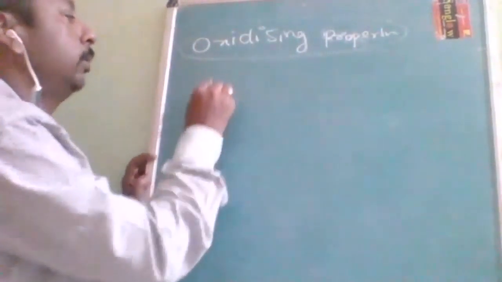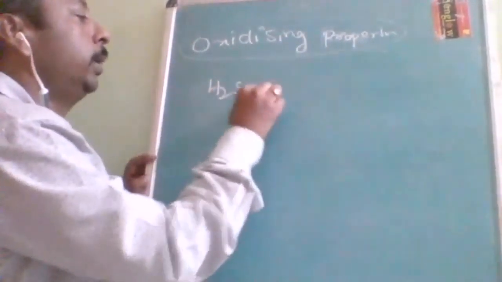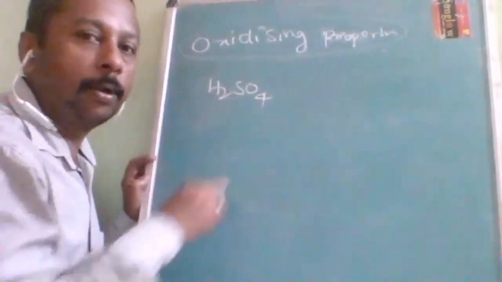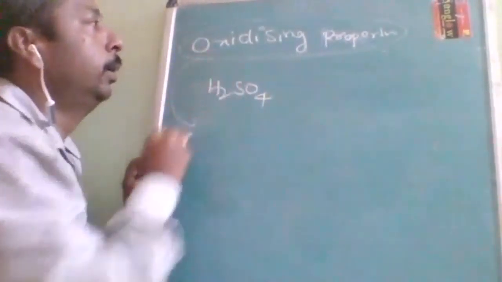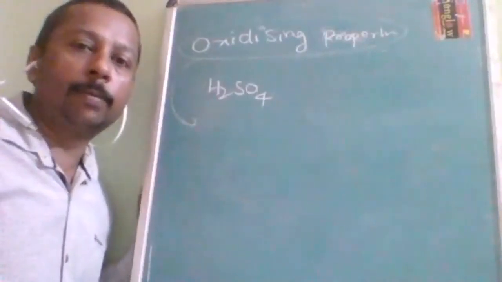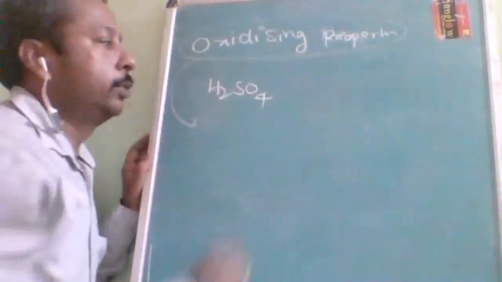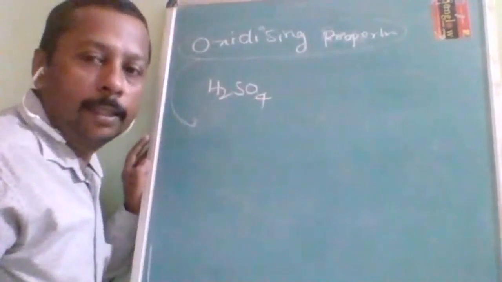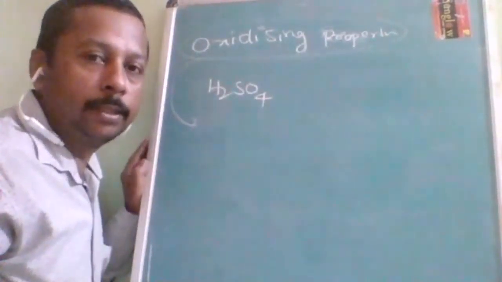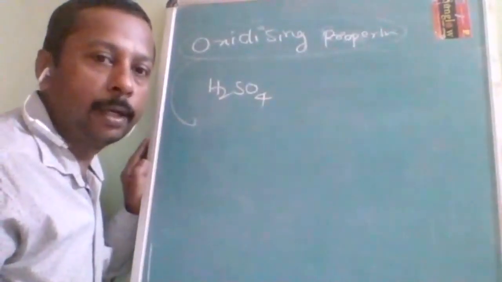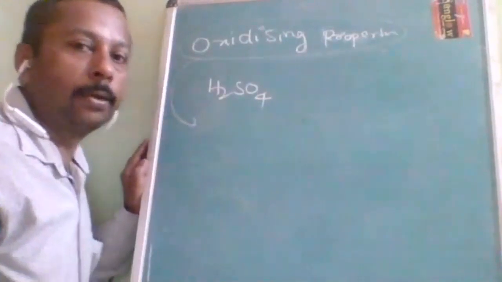In another way also you can write. With these two equations only you will be writing all the oxidizing properties. Somebody says that an oxidizing agent should undergo reduction and gain electrons.